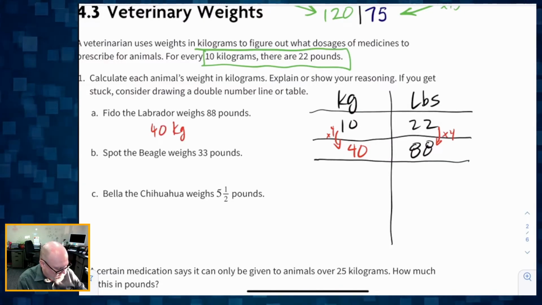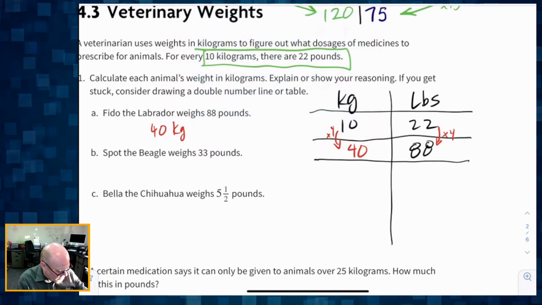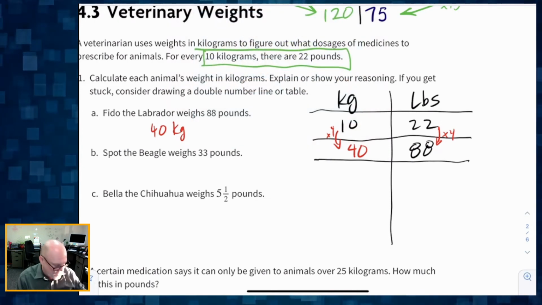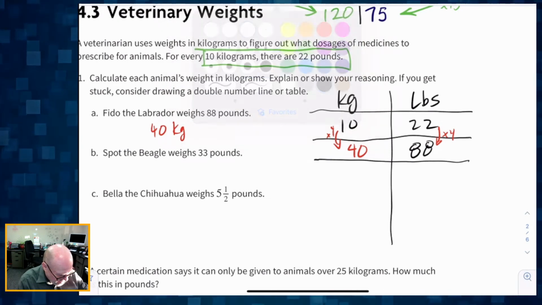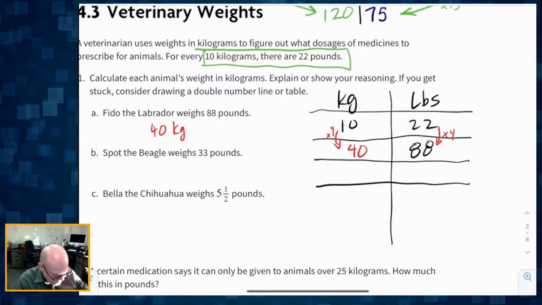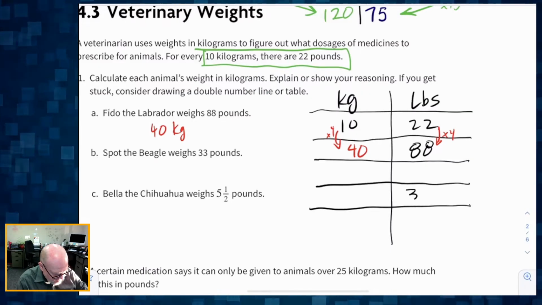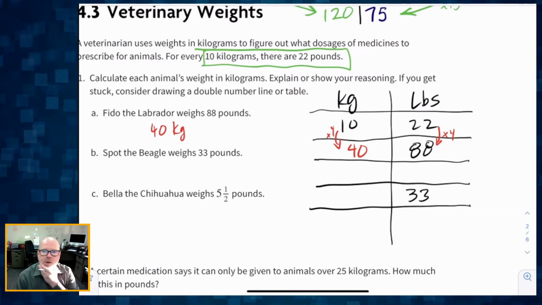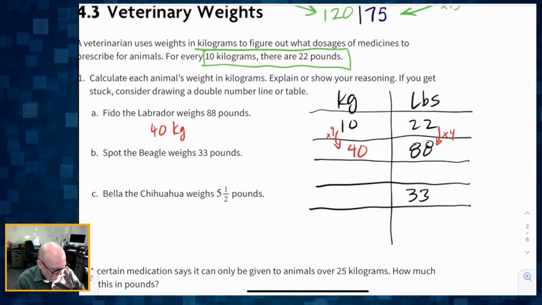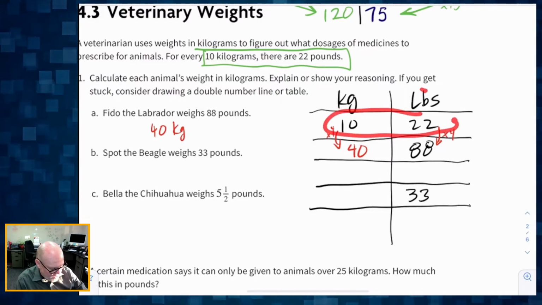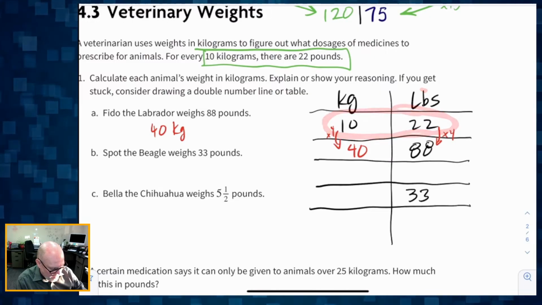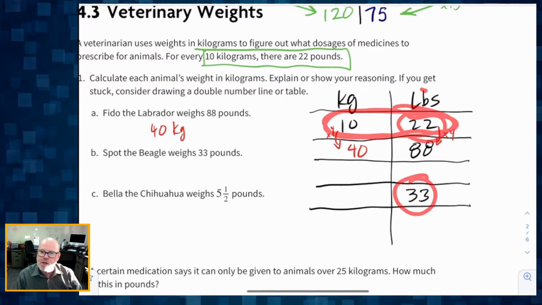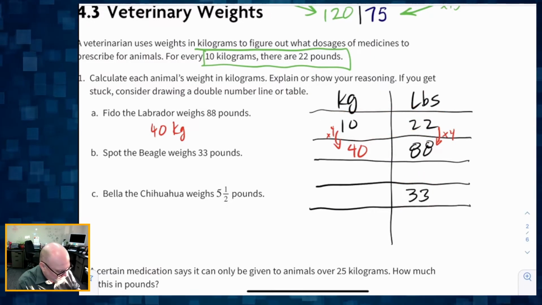And now we want to know about Spot the Beagle. Spot the Beagle is 33 pounds. So in this case, I'm going to create a little space here, and you'll see why in a second. We know we want 33 pounds. So what are we going to do? Somehow we have to turn this initial ratio from 22 pounds into 33 pounds.